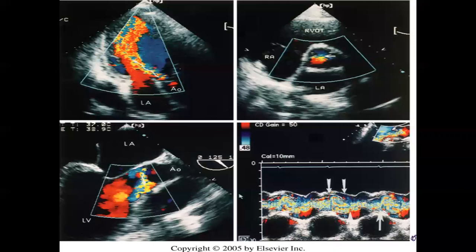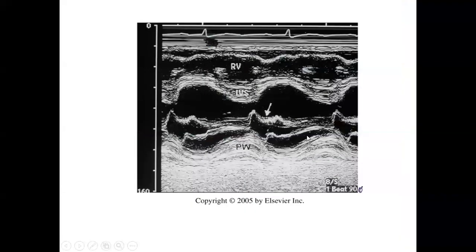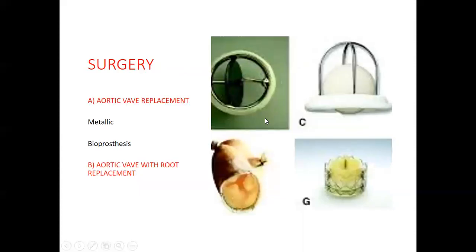These are again the different color echocardiography images showing regurgitation of the aortic valve. Again, in this echocardiographic picture, you can see the jet flowing from the aorta into the ventricle. This is the fluttering of the anterior flap we just discussed.